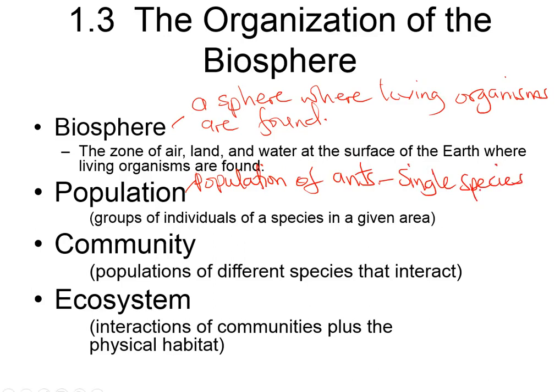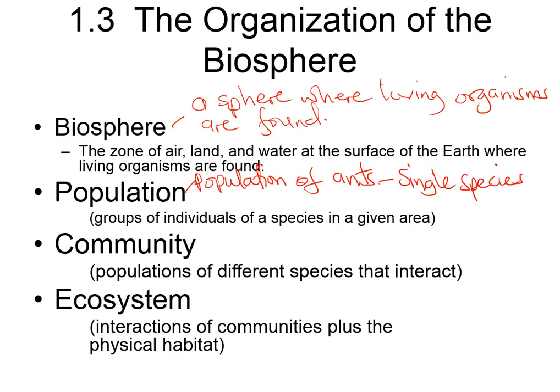We cannot say the population of ants and millipedes, or the population of ants and grasshoppers, because those two are different species. You can say a population of grasshoppers as a single species, or a population of humans, that is a single species. So populations, you do not mix up.